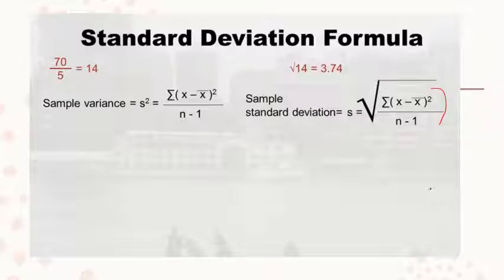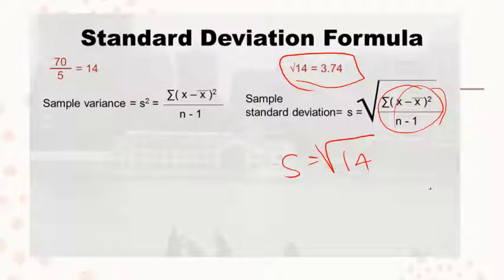So all we gotta do now is plug 14 in for this section, because we already figured that part out. The square root of 14 is 3.74. Of course, you can do this in your calculators. There are no rules against calculators. So there we go.